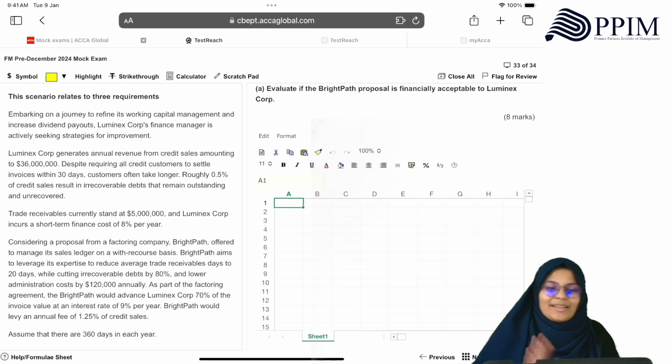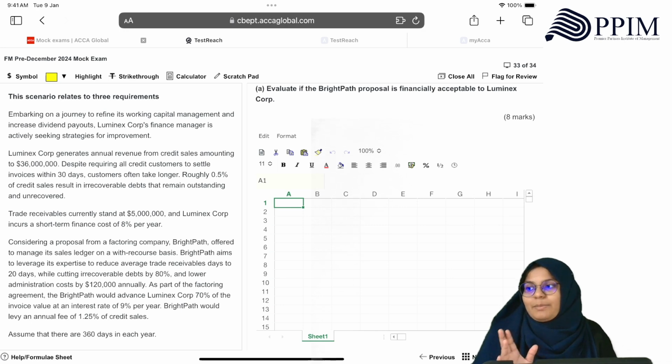So what are they promising? Currently people take 30 days. No, we will make them pay within 20 days, and you have irrecoverable debts of 0.5%, bad debts of 0.5%. They are saying we will reduce that by 80%. So currently you have 0.5% into 5 million. That figure we will reduce by 80%. That's what they say.